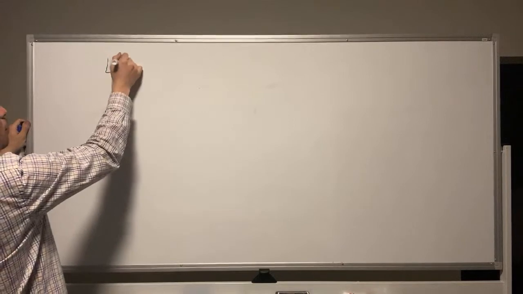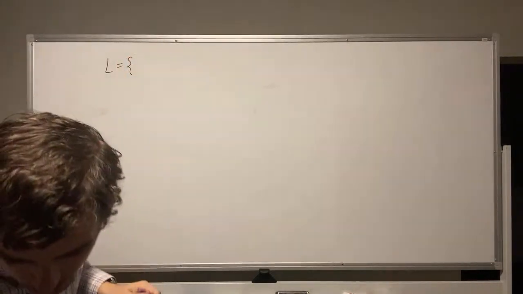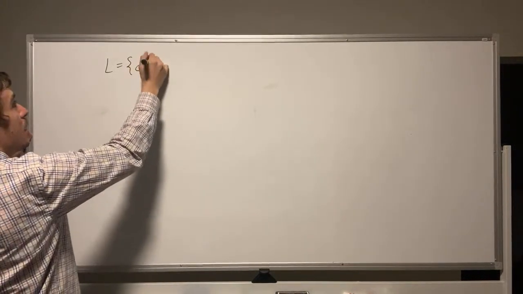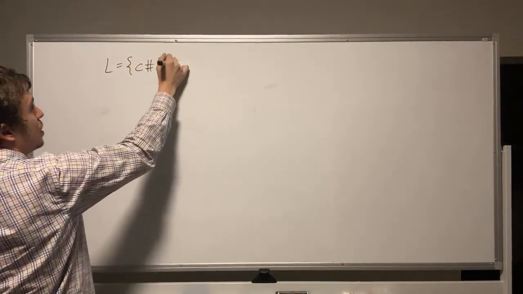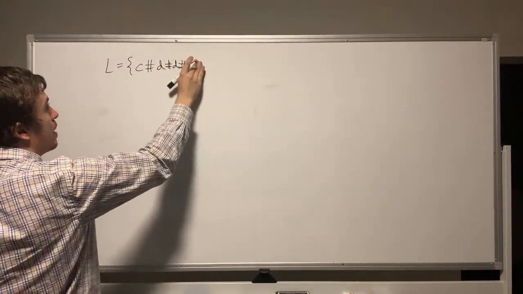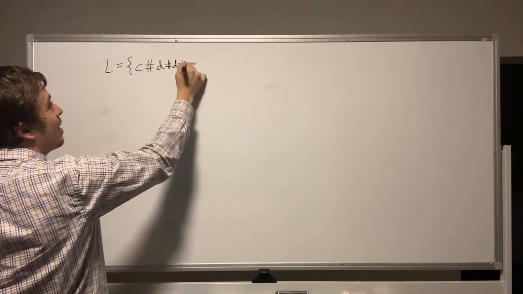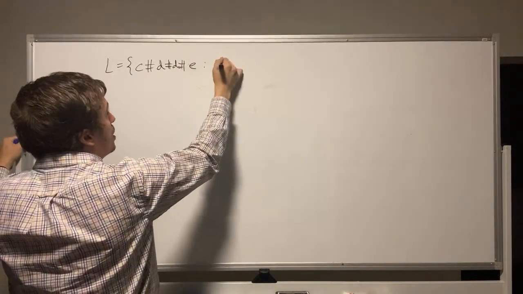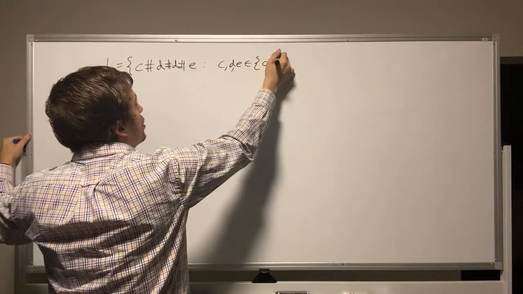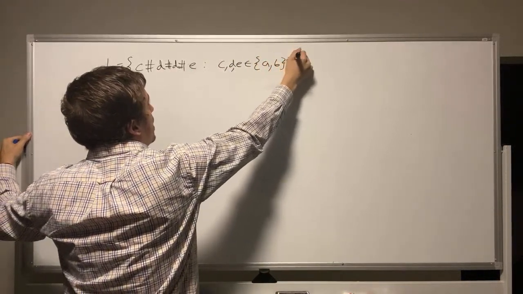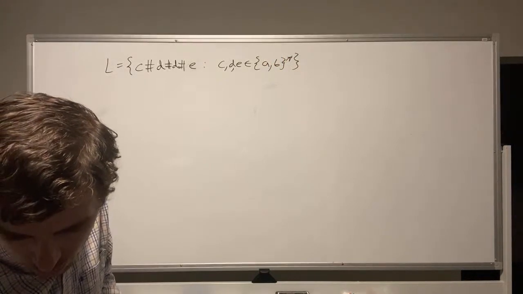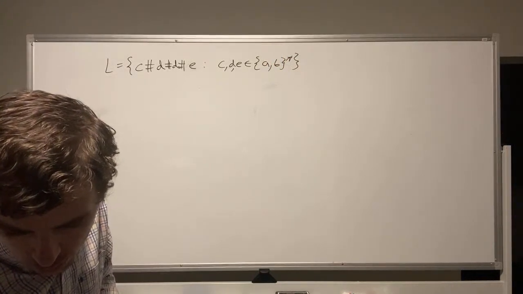So we have some language L, and what is it? It's C, pound sign, D, pound sign, D, pound sign, E, where C, D, E are in {a,b}*. I think that's what you wrote. Yes.